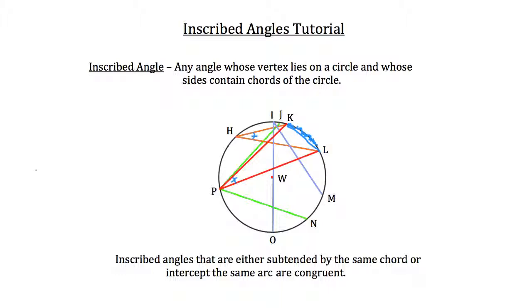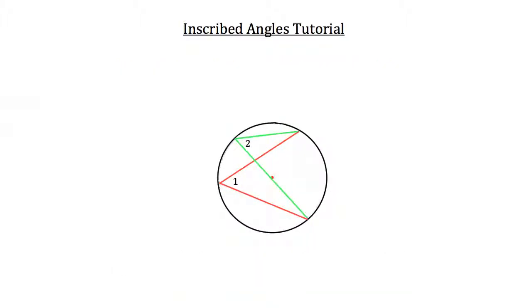Alright, let me give you another example. Let's say that in this example, we have angle 1 and angle 2, and I'm just going to abbreviate angle 1 here. We'll call it points A, B, and C. And this point for angle 2 at the vertex of that inscribed angle 2, I'll call that D. Now what can you tell me about angle 1 and angle 2?